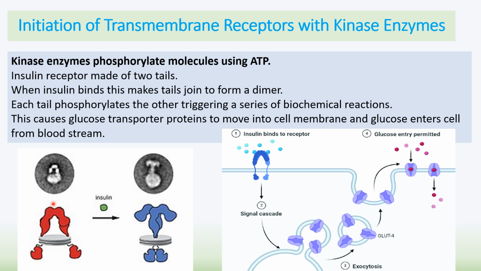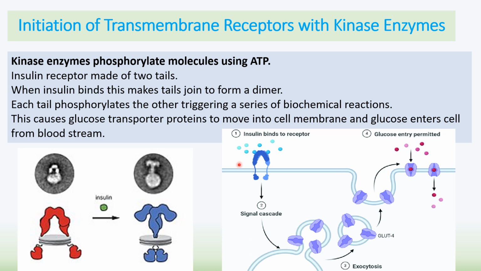When insulin binds, the tails come together, so they go from being separate to forming something called a dimer. And each tail phosphorylates the other one, so it exchanges phosphate, and that causes a series of biochemical reactions that then trigger glucose transporters to move to the membrane and enter the cell.